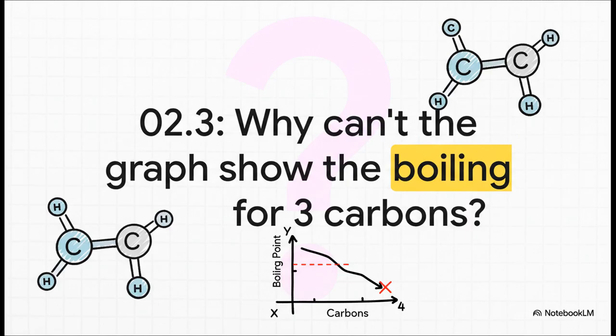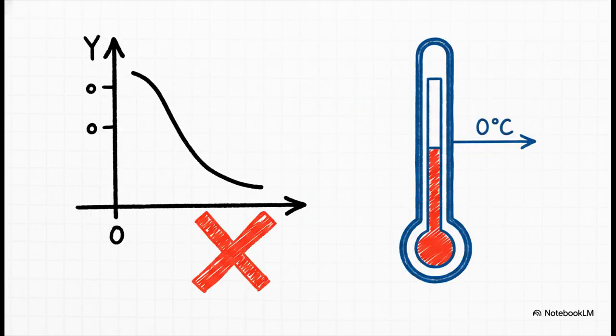So, what do you think happens when you go below 4 carbons? And the answer in the mark scheme is just so simple. The boiling point is lower than 0 degrees Celsius. Your graph's y-axis probably started at 0, so you physically can't plot a negative number on it. They'll even accept the graph cannot show negative temperatures. It's a simple, logical point that gets you the mark.